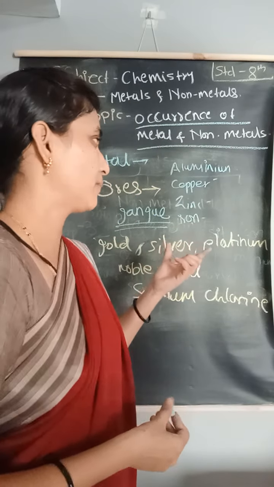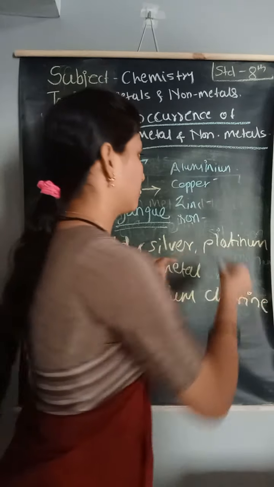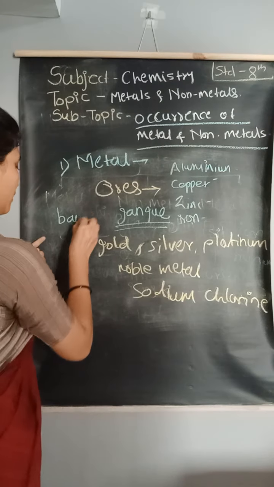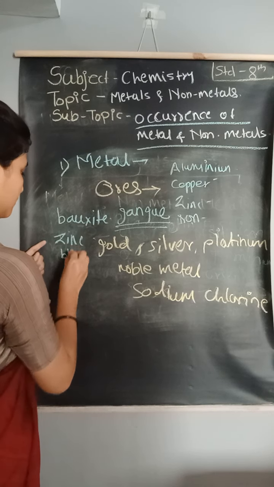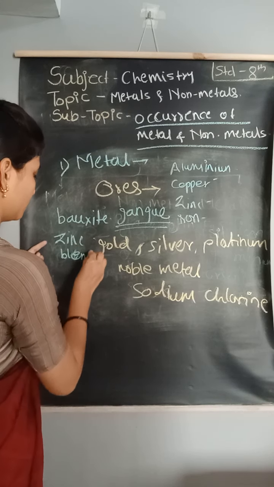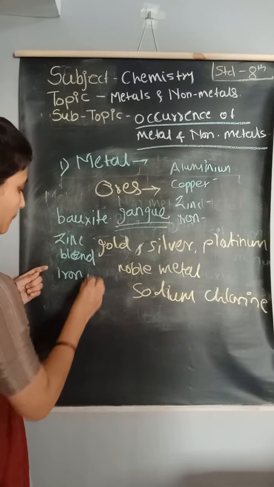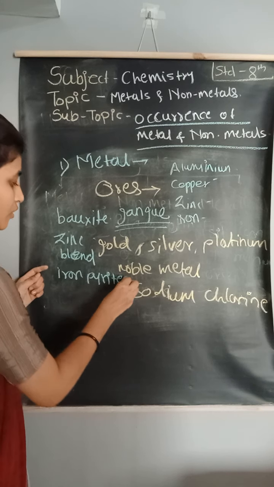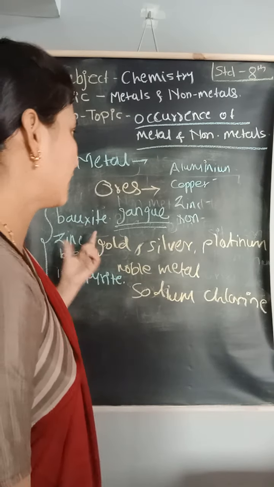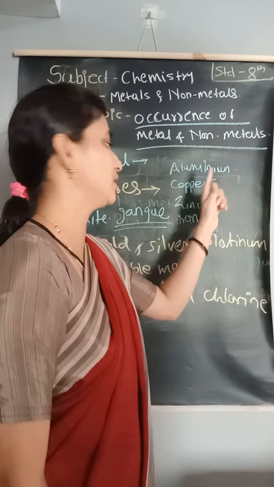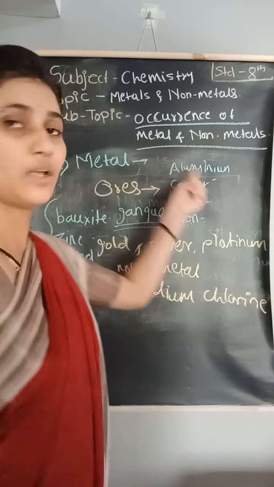For aluminium we can say that this will form bauxite, then zinc blende, all sulfides, and iron pyrite. From this type of ore, we can get the metals like aluminium, copper, zinc and iron. This is all about the occurrence of metal.